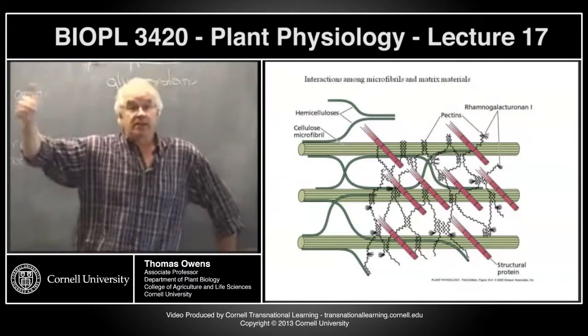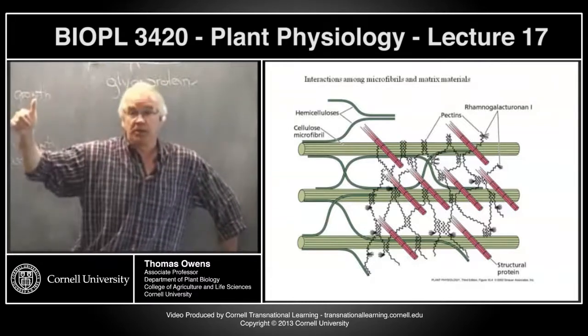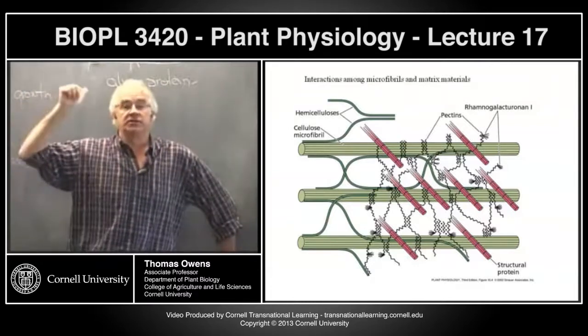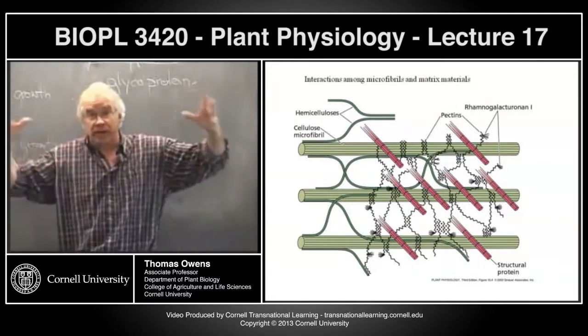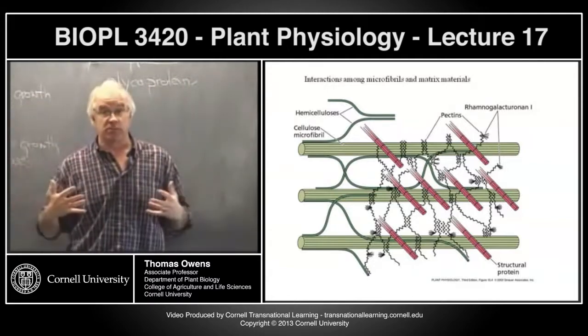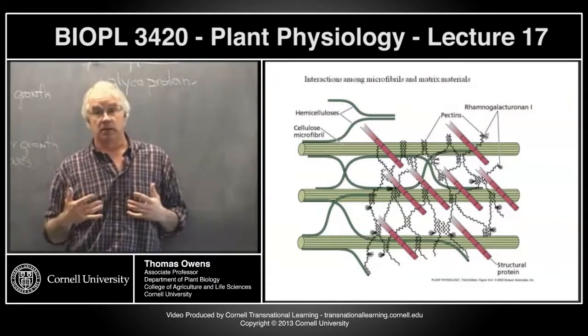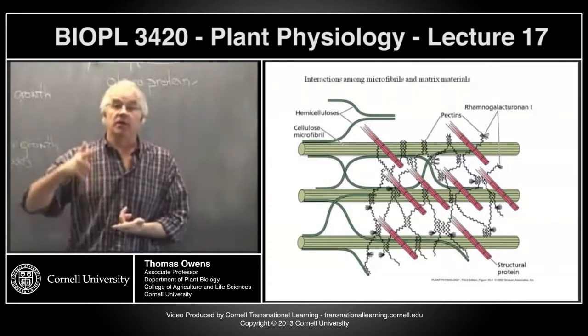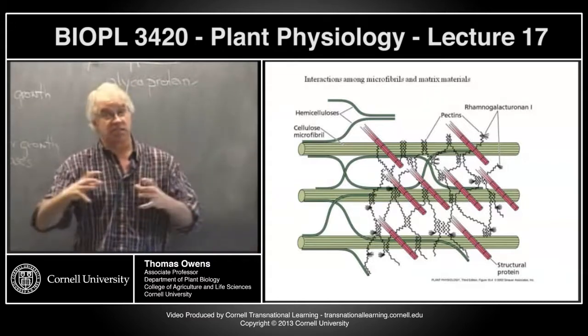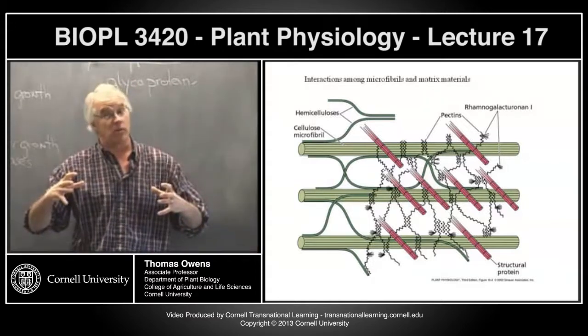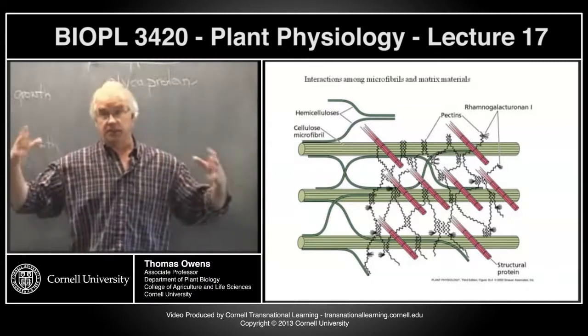Okay, so we need to think about growth in terms of two things. Alteration of the existing wall to allow things to pull apart so we can have irreversible expansion of the cell. And we need to think about the incorporation of newly synthesized wall materials, because as the cell gets bigger, if we don't make new wall materials, the wall gets thinner and thinner and thinner.